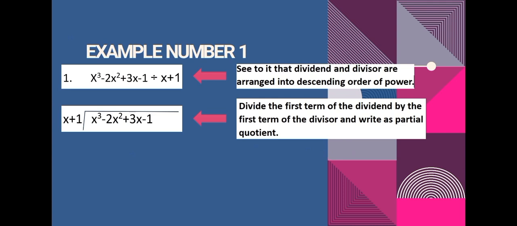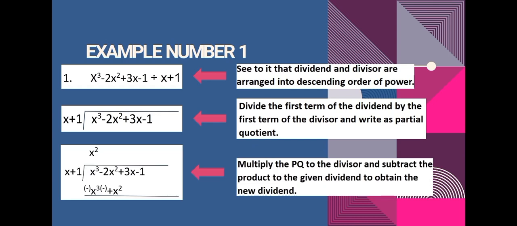So x cubed divided by x is equal to x squared. And now let's multiply the partial quotient to the divisor. So x squared times x is equal to x cubed, and x squared times 1 is equal to x squared.